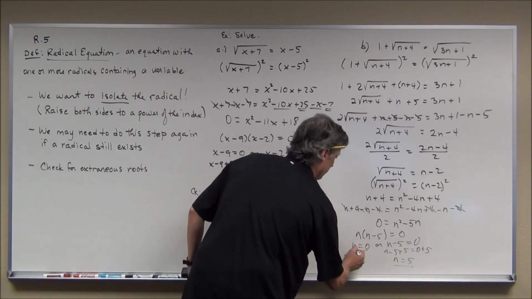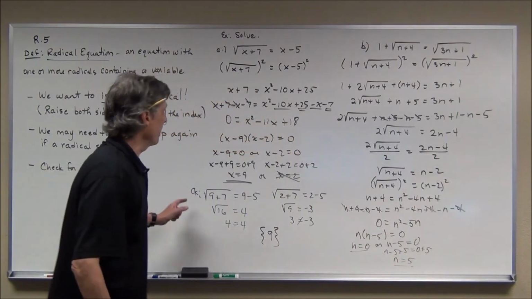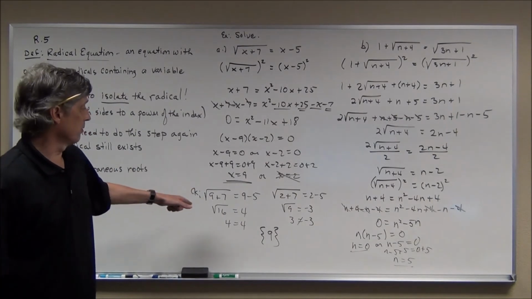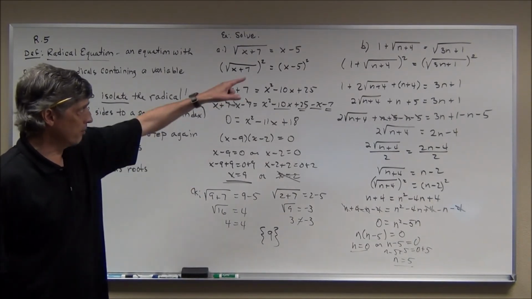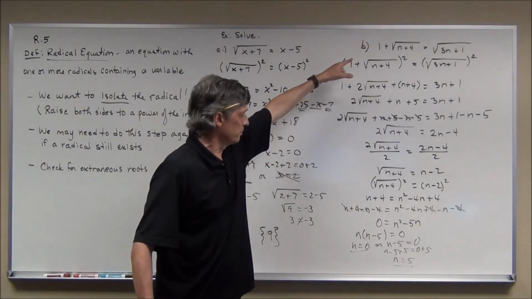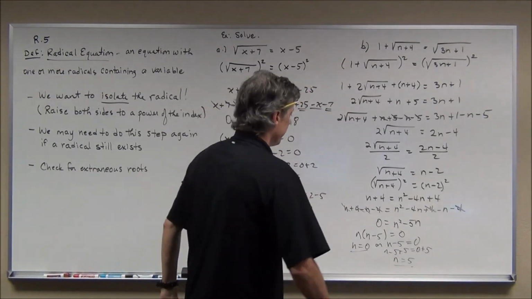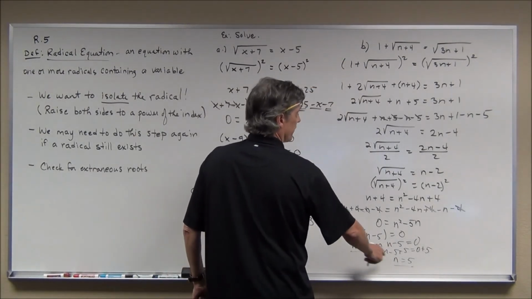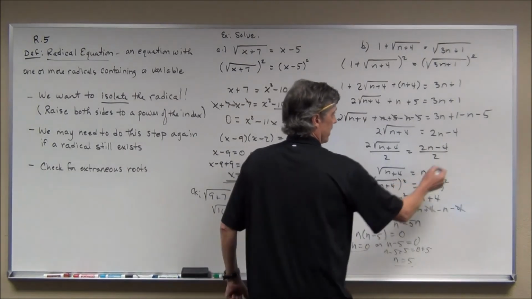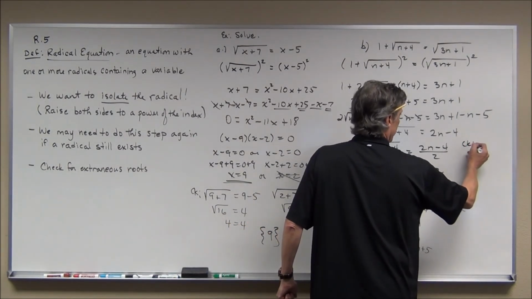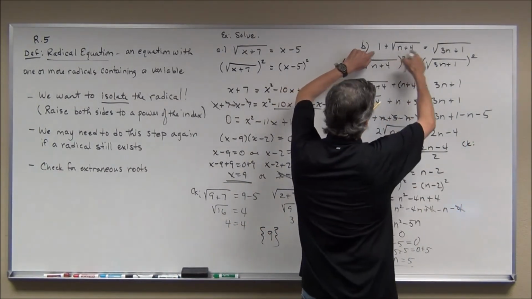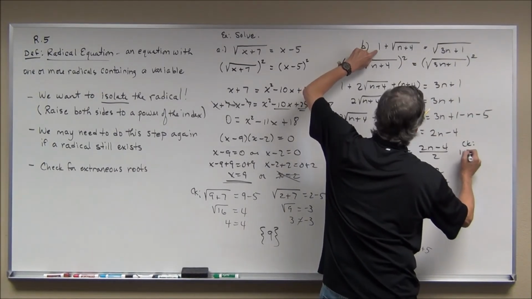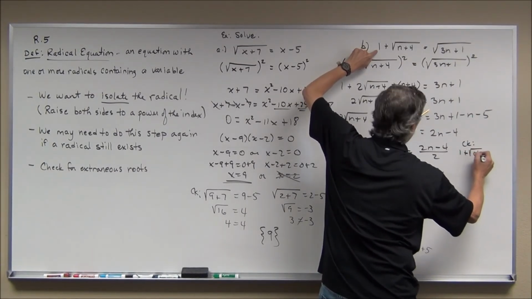So it looks like I have two pretty good answers. But just like I did back here, I'm going to check. I'm going to plug back in all the way back to the original. And you can probably do this in your head because the numbers are fairly simple. So I'll plug 0 in first. I have 1 plus the square root of 0 plus 4.